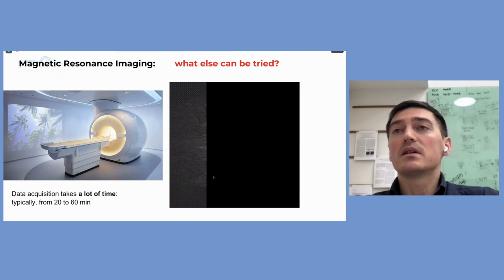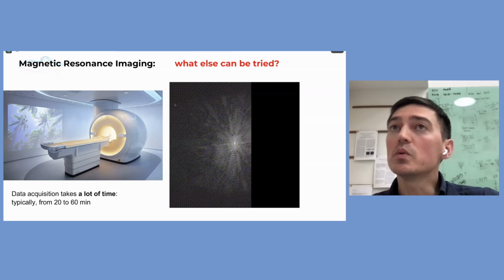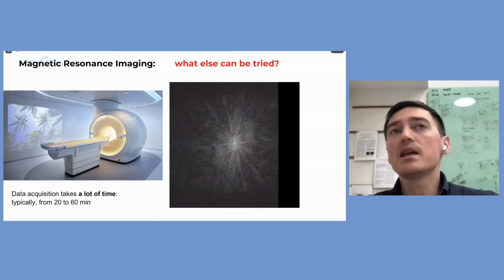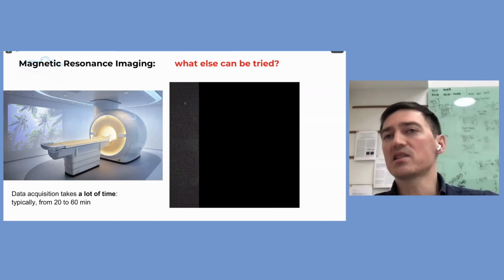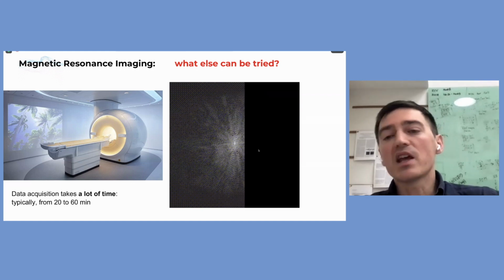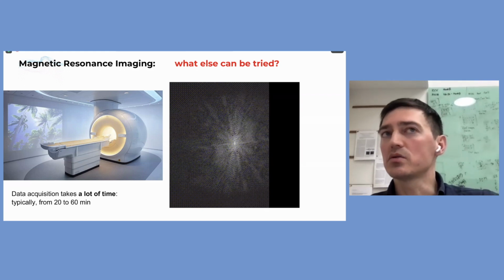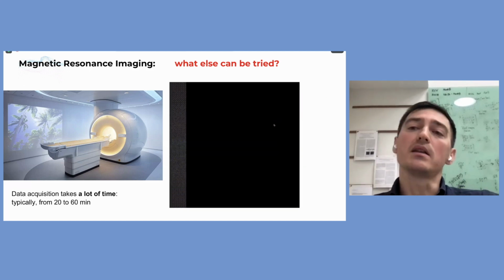But a natural question is also, what else can we do with this Fourier space? In an MRI machine, you don't get images, but instead you get this column by column measurement, and it takes half an hour to get that measurement. What can you do to accelerate that?